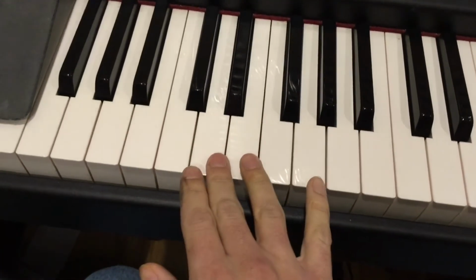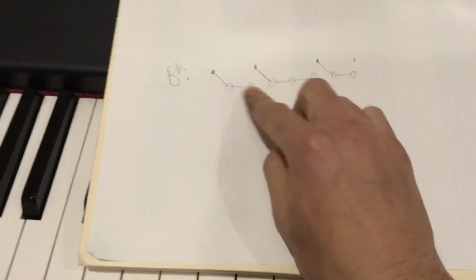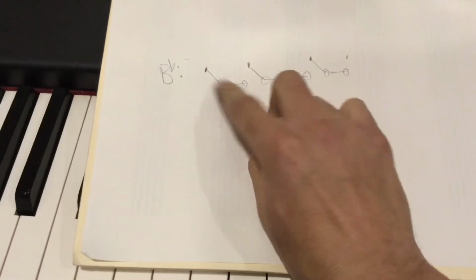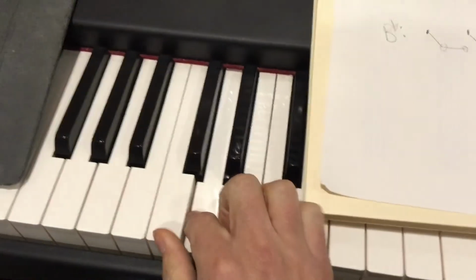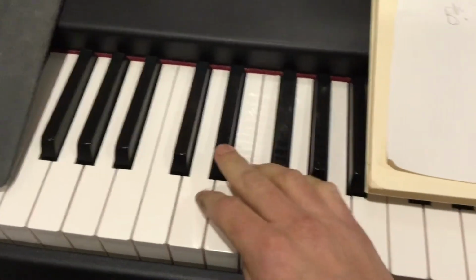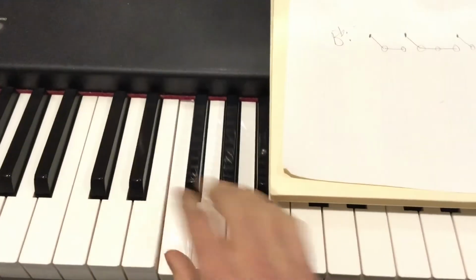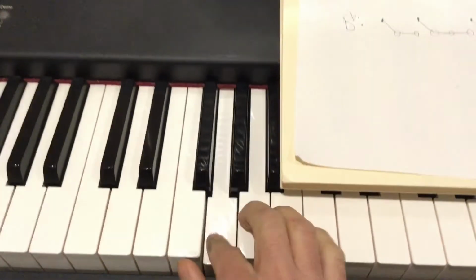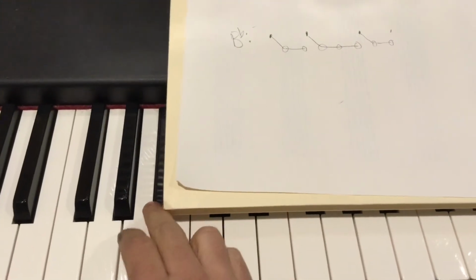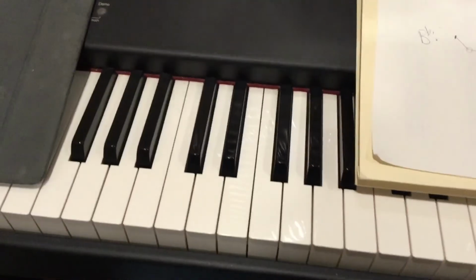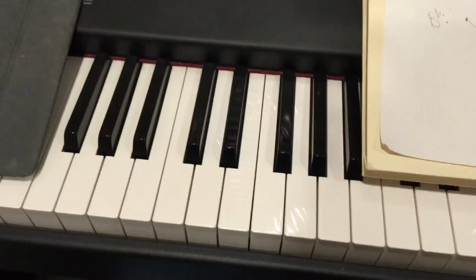It goes down and across one note. Here's that part of the scale, those first three notes. And then here's the second half. And then it starts over. So that is the B flat major scale.